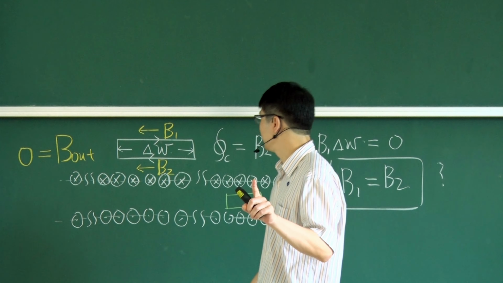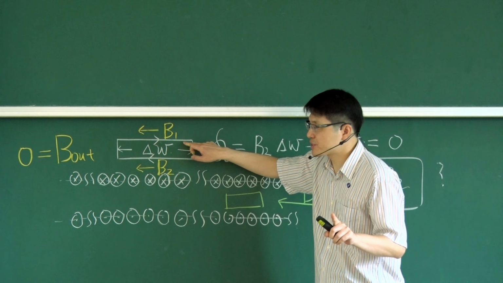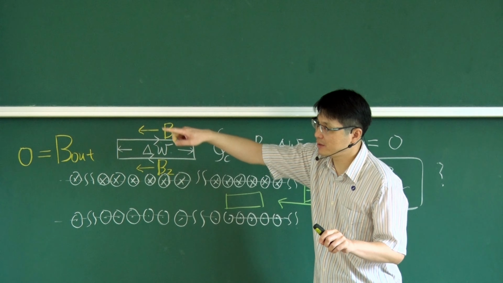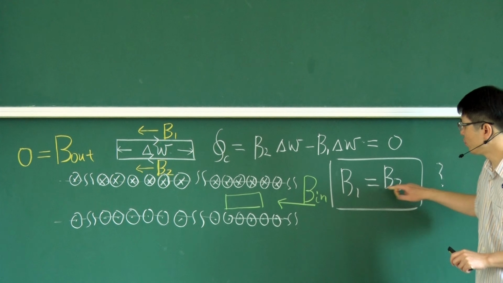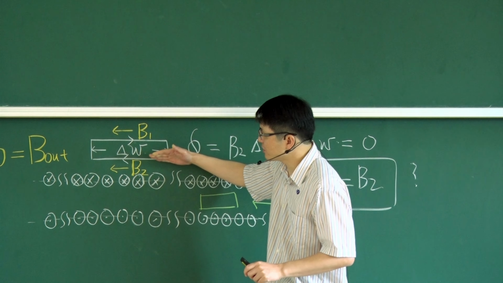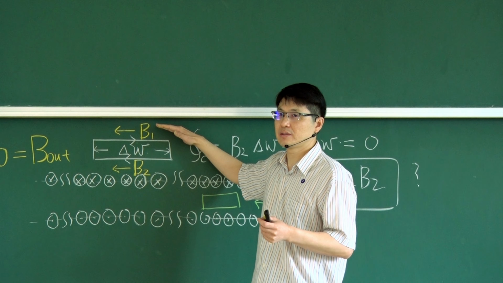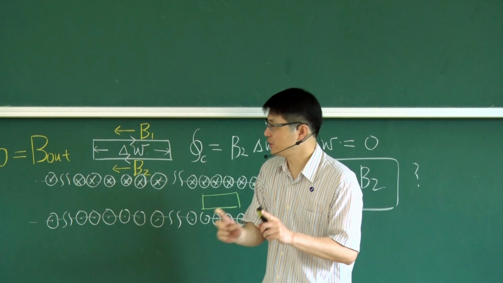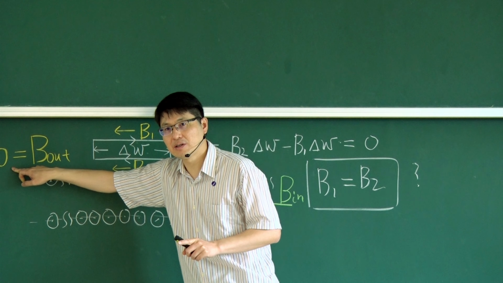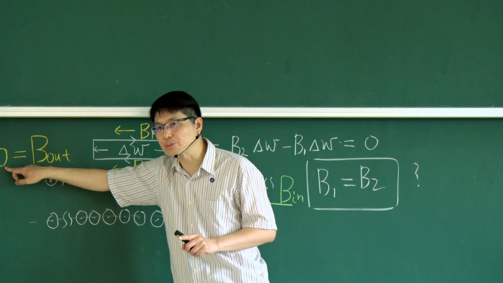But in fact, using closed loop B, in my PowerPoint, we only have the result of B1 equals B2. So it only tells you outside you have a constant field. But no word is telling you it is equal to 0. It is constant everywhere, but who decides it's 0?